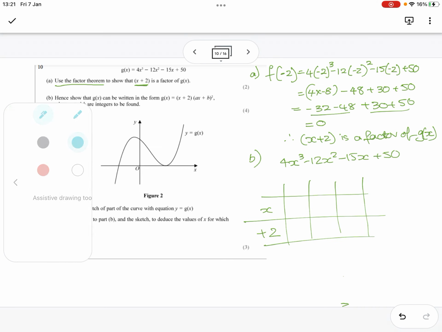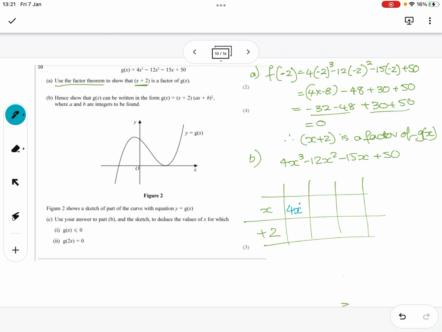Okay, I'm going to change my colours. So 4x cubed. To get 4x cubed, I would have had to times it by 4x squared, which means this would have been 4x squared. To get minus 12x squared, I would have to take away from 8, 20, minus 20x squared. And I would have got that by timesing this by minus 20x, which means this would be minus 40x. Is this correct?